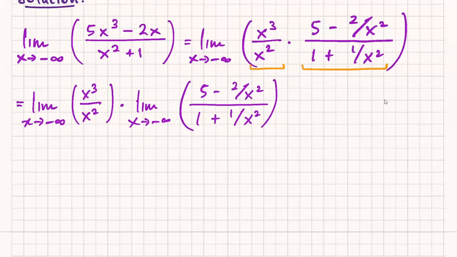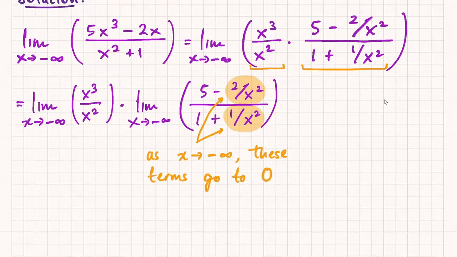Okay, so Bryn says 5 minus 0 over 1 plus 0, right? So Bryn is using that special limit. Look at these reciprocals, right? I have 2 over x squared, a positive reciprocal power. 1 over x squared, a positive reciprocal power. So what happens to each of these terms? As x goes to negative infinity, these terms go to 0.